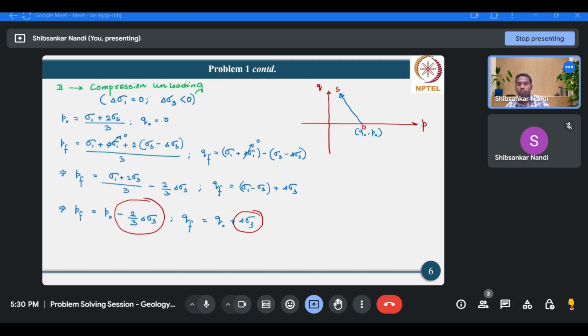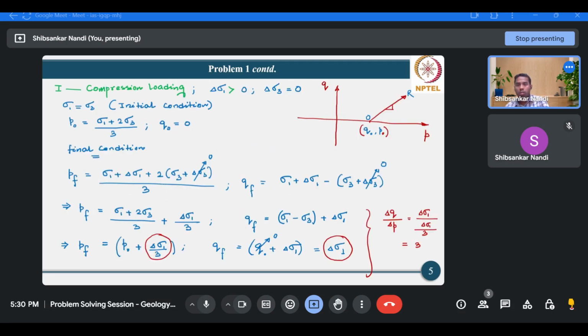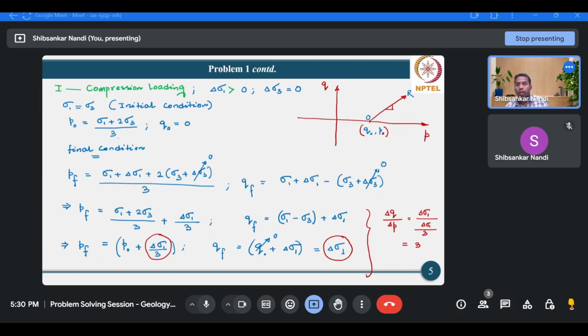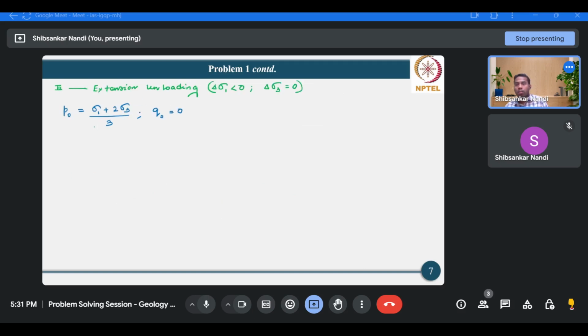Okay, so you can write sigma 1 plus 2 sigma 3 by 3 as sigma 3 also, if you substitute the value of sigma 1 as sigma 3.